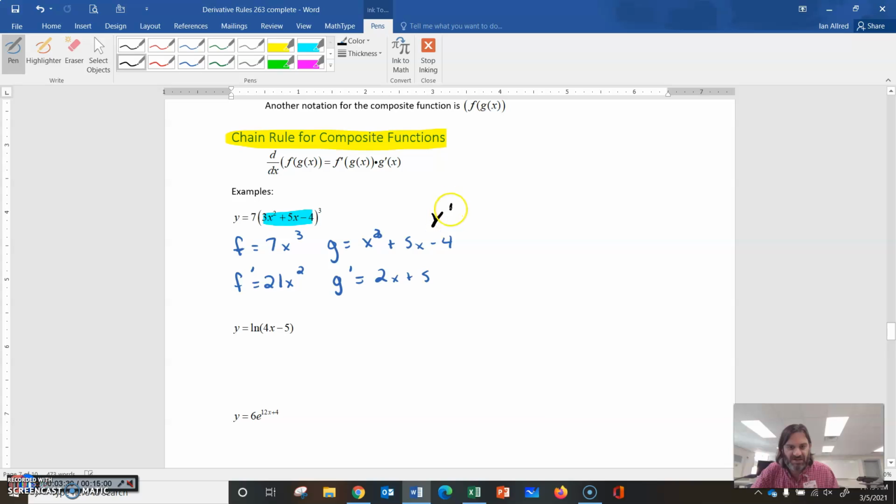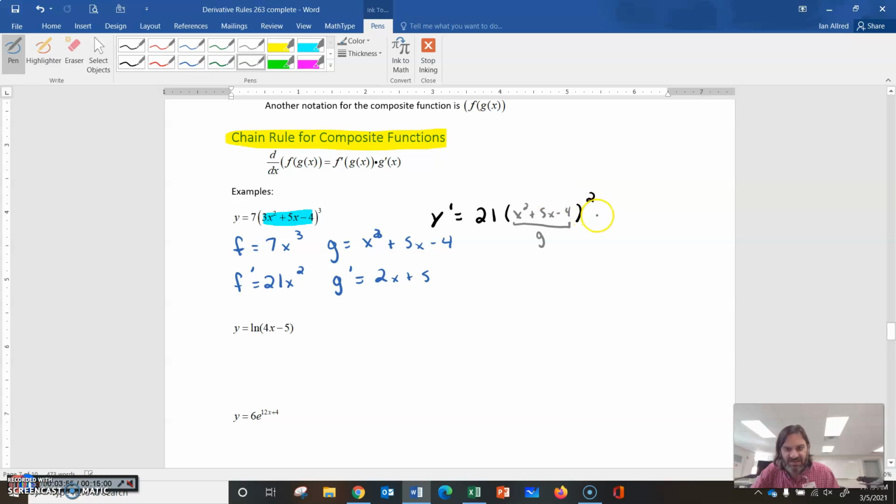It'll be y prime equals f prime. Okay, f prime is 21x squared, but I'm going to leave a place here, 21 something squared, for the g part to go back in. Remember that g was x squared plus 5x minus 4.